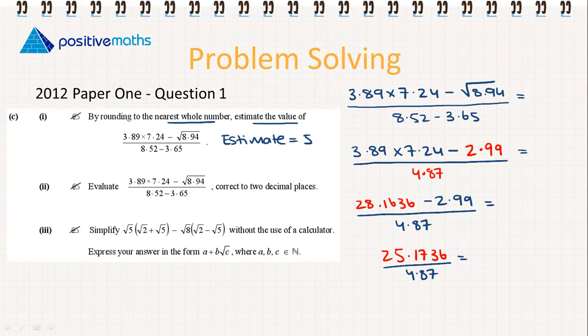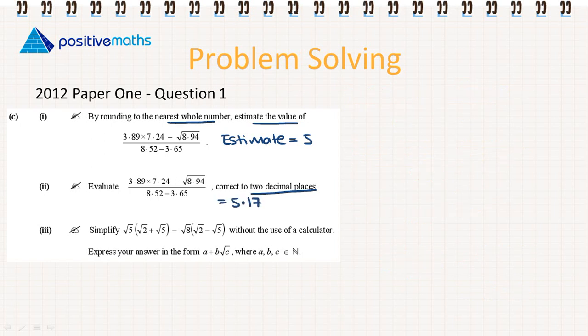So that's over 4.87. So my answer is going to be 5.1691. So that's 4 decimal places. Now, we just have to round to 2 decimal places for this answer. So it's going to be 5.17.